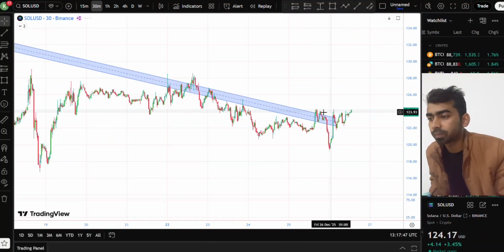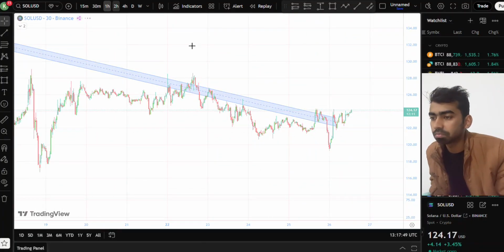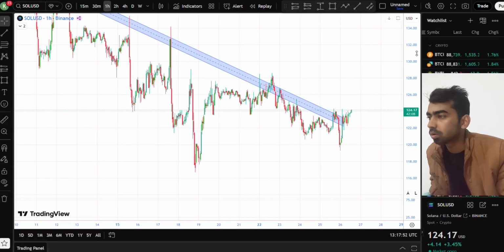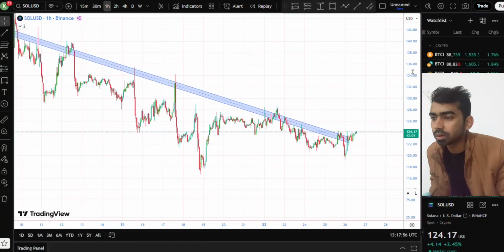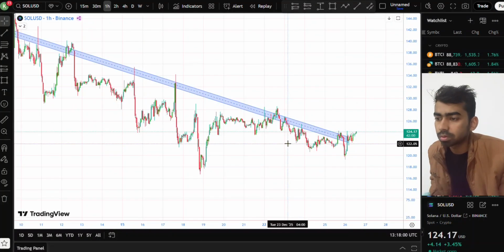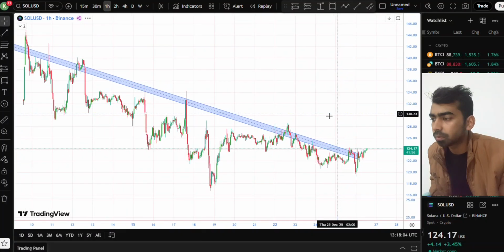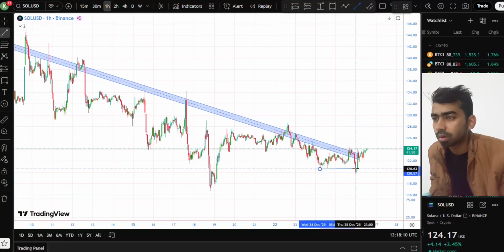What about Solana? Yes, Solana is going upside very aggressively, but I'm not sure about Solana. Yesterday I said I can't find any good setup for Solana, but look at it, it's a good, perfect setup.